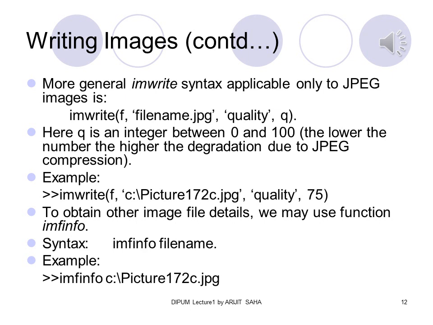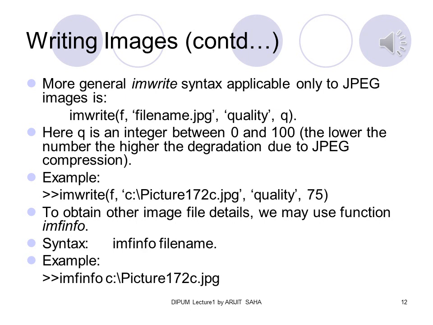The lower the number, the higher the degradation due to JPEG compression. An example we can show here: imwrite f, the entire picture path and the picture name with jpg extension, and we have written quality and 75. This 75 can be anything, as I have already mentioned, between 0 and 100.